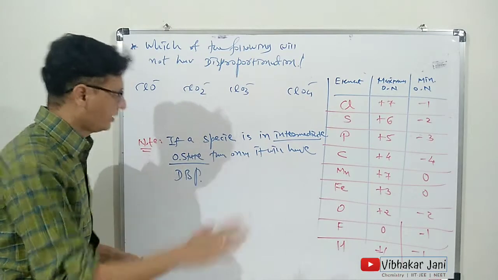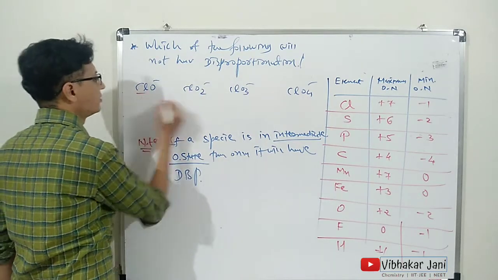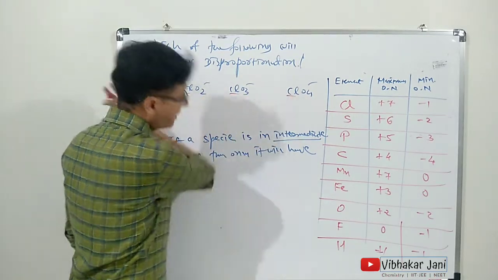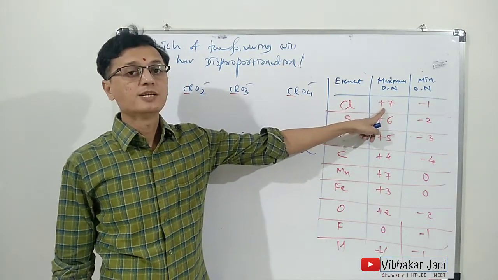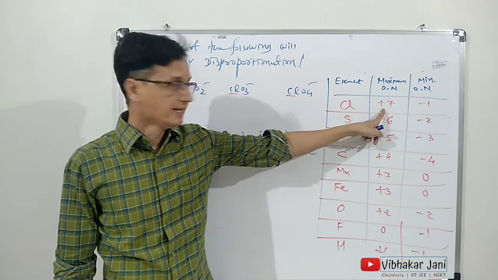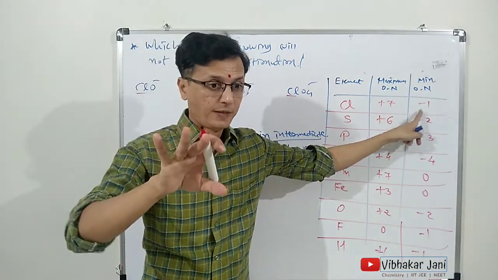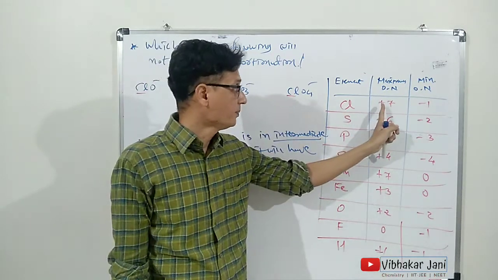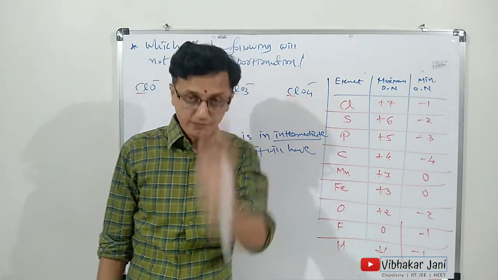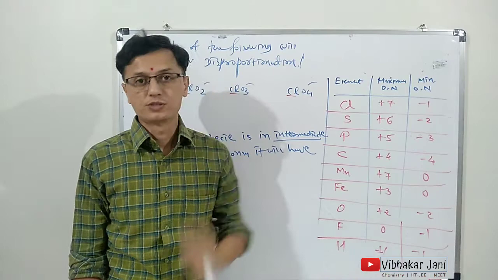Okay. So all we have to do is count the oxidation state of chlorine in all these 4 species. And we know very well the maximum oxidation state for chlorine is +7 and the minimum is -1. So if chlorine is having an oxidation state other than +7 or -1, then definitely it will have disproportionation.